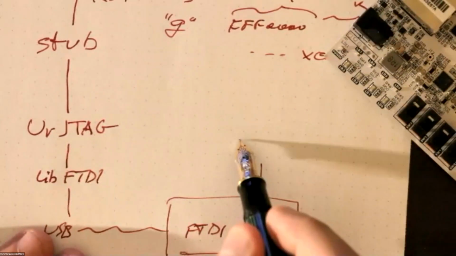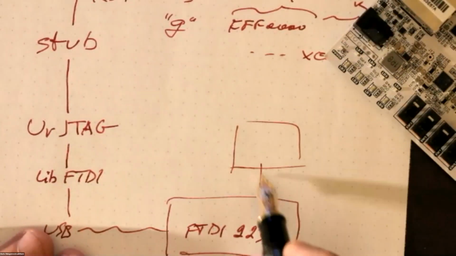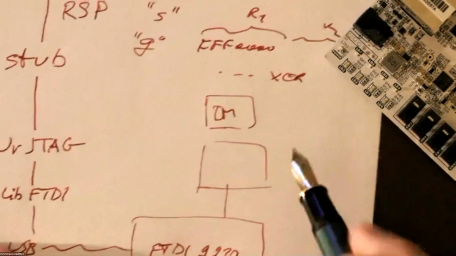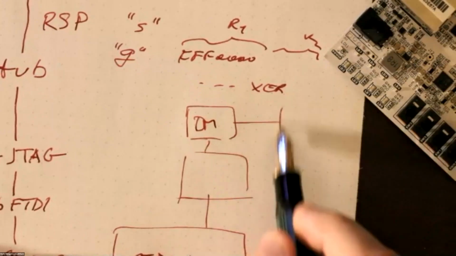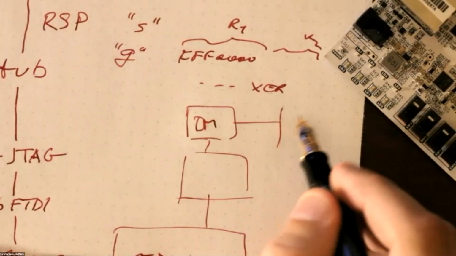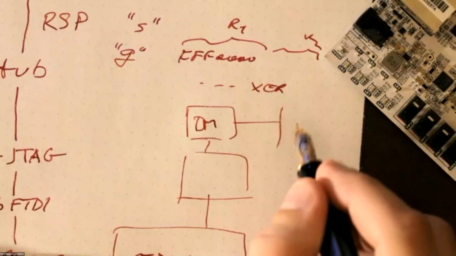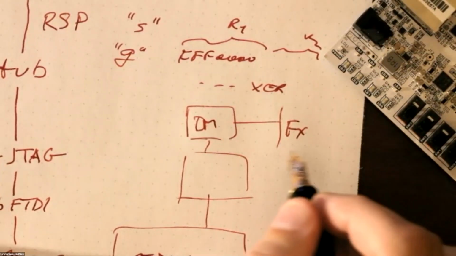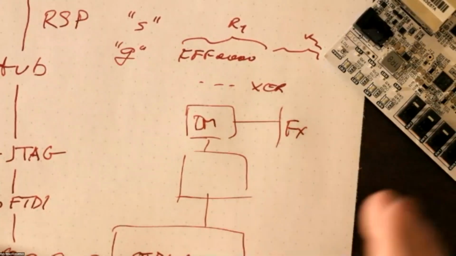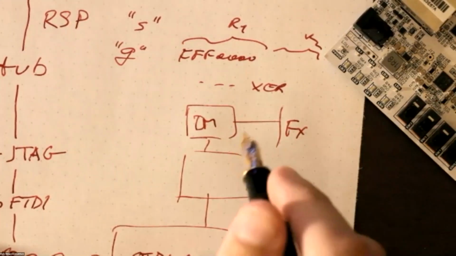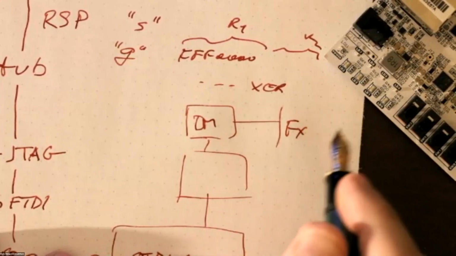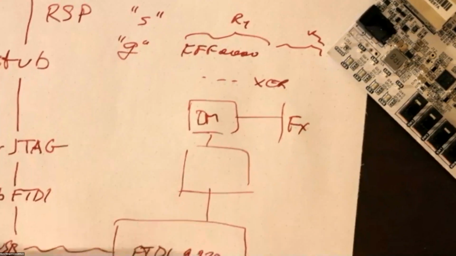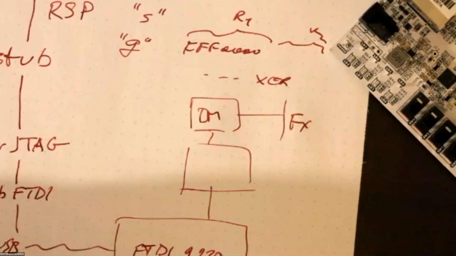So there is going to be some kind of interface between this guy and the actual debug module in the processor, and the debug module is going to connect to the execution unit, like the fixed point unit in the processor, and then to the decode stage, and then to the fetch, and so on. So you have things like, what is the current instruction, what is my current program counter, and so on.